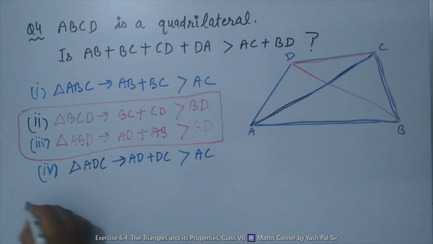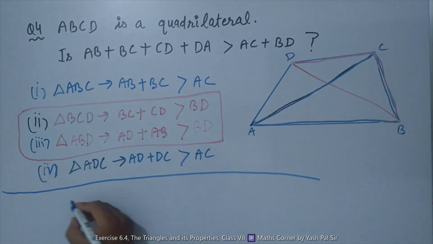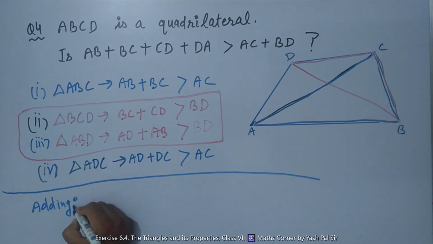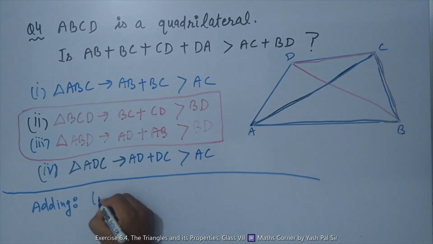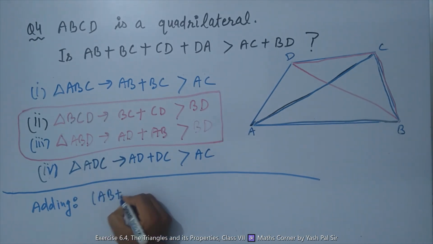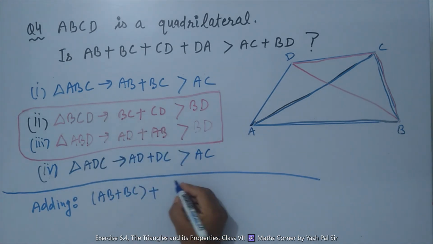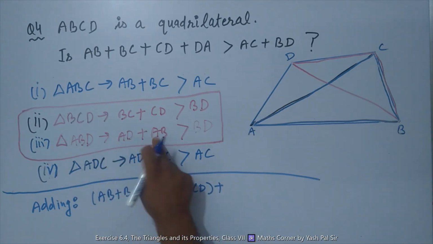Right? Now what to do? Next, we add number 1, number 2, number 3 and number 4. Adding. What is the left hand side? AB plus BC. Second time BC plus CD. Third time AD plus AB.